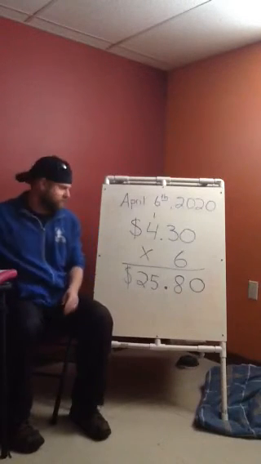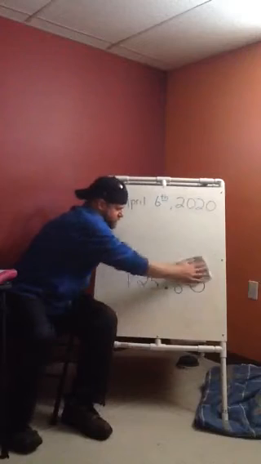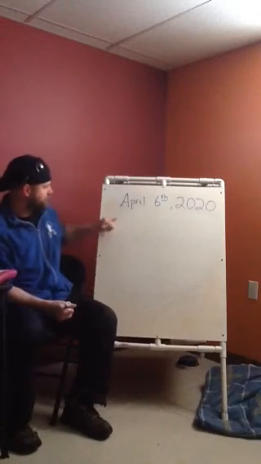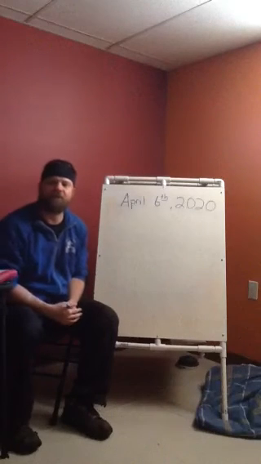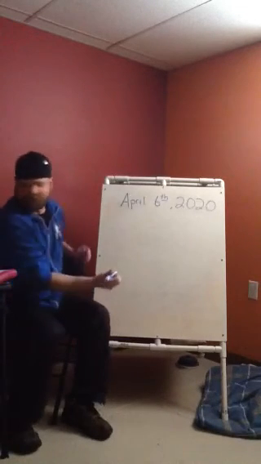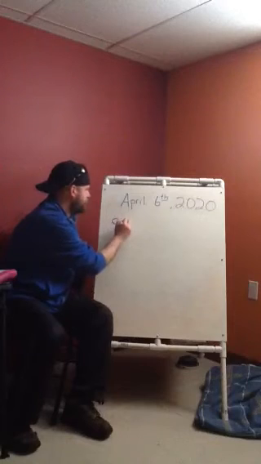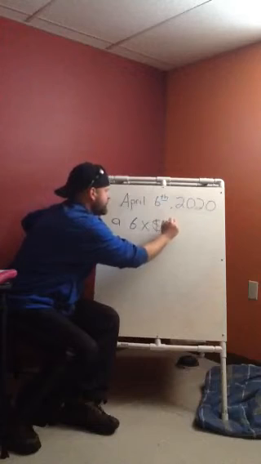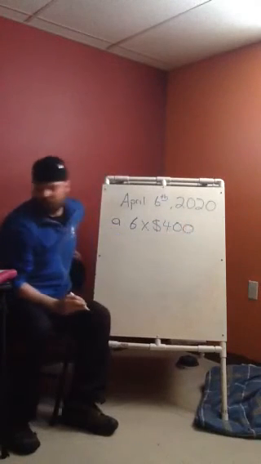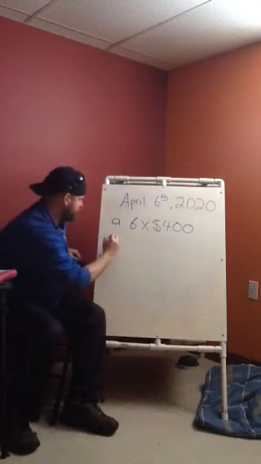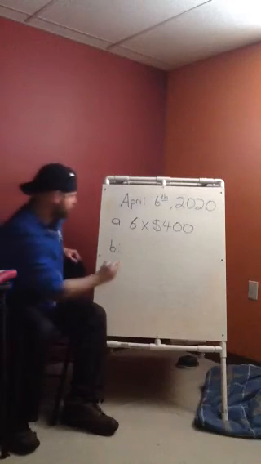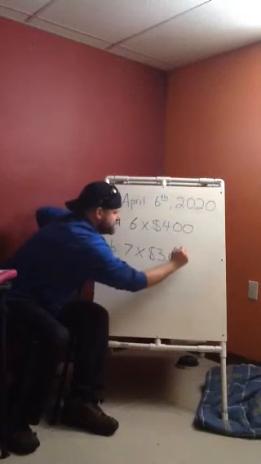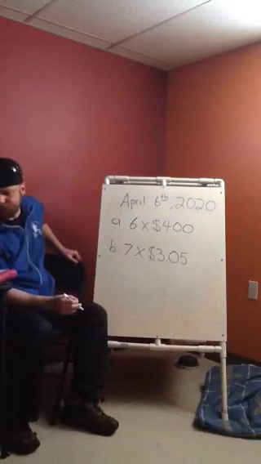I'm going to go ahead and erase this. You can turn your page or look over to the next one. We are on page 603, and I will write A, B, C, D down, and then I'll have you work on those in your notebooks. So, letter A says 6 times $4. Letter B, 7 times $3.05.